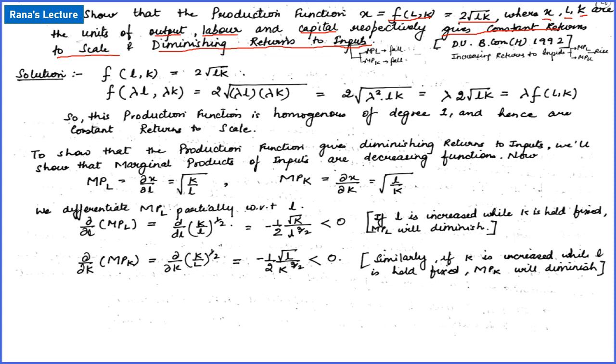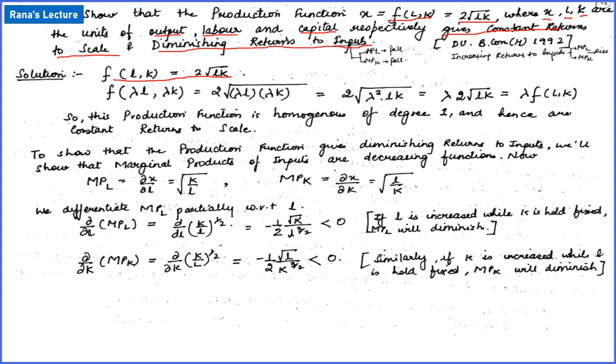Fine, this is the function given to us, a function in terms of labor and capital. Now let us find the degree of this function. The degree of the function will help us to find out whether it is giving us constant returns to scale or increasing returns to scale or decreasing returns to scale.